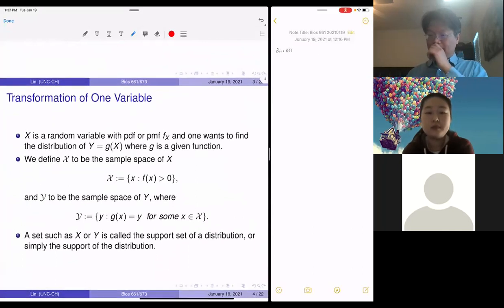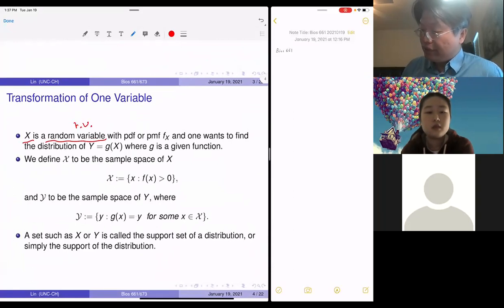Okay, good. So if I want to write something mathematically, it is this. Say X is a random variable, whose PDF or PMF is given: PDF for a continuous variable, PMF specifically for a discrete variable.